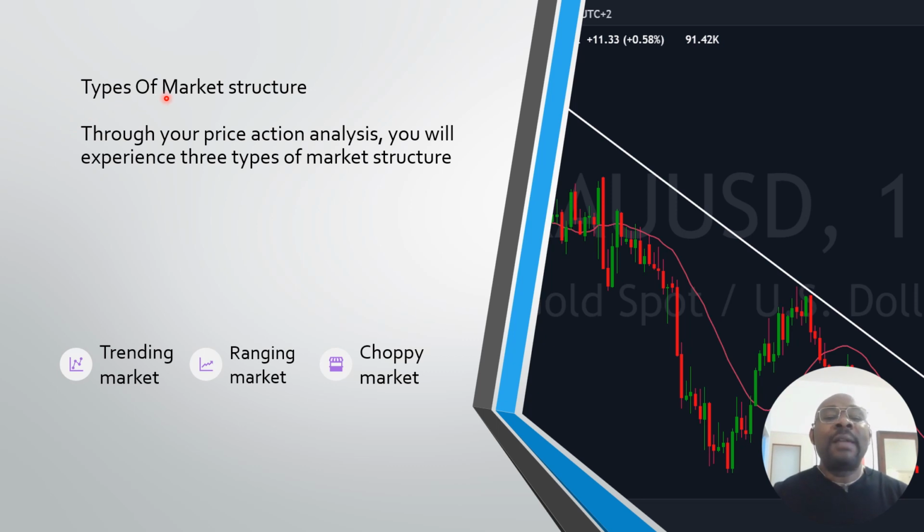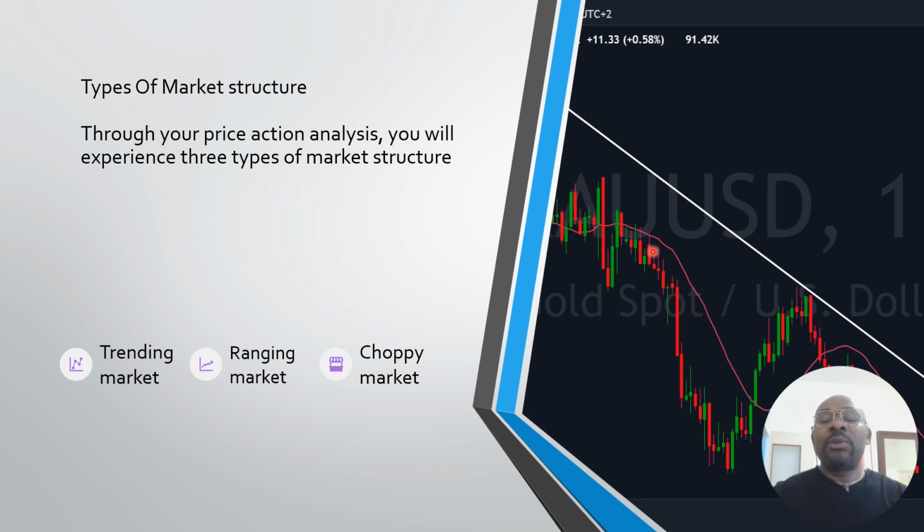So we have types of market structure. Like I told us, through your price action analysis, you will experience three types of market structure. We have the trending market, which I've already hinted at. We have the ranging market. Then we have the choppy market.